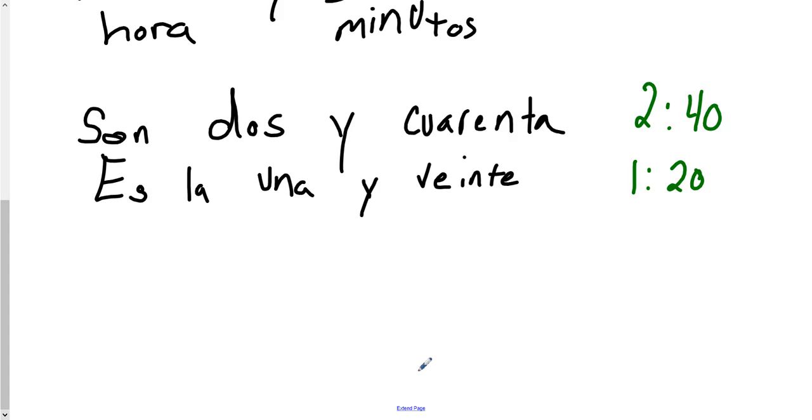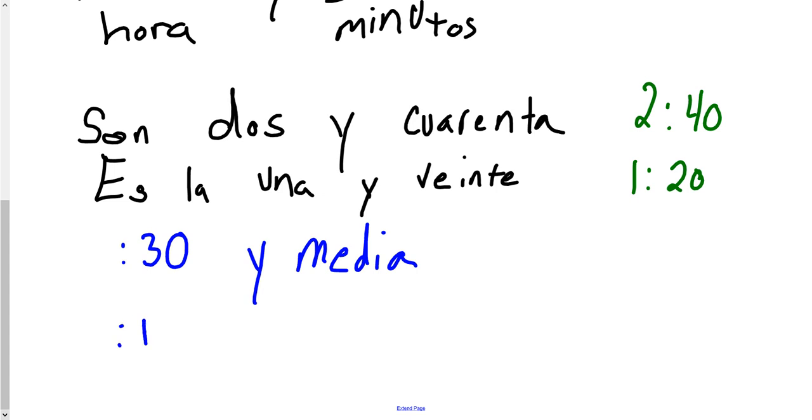Now, there's a few other ways you can do this. There are a few special ones. Just like we can say quarter after or half past, they can too. For 30, they tend to say y media. Media means half, so they're saying it's half past.